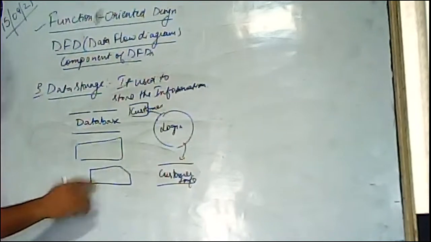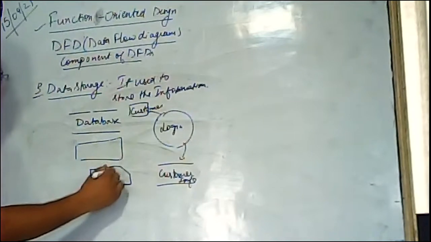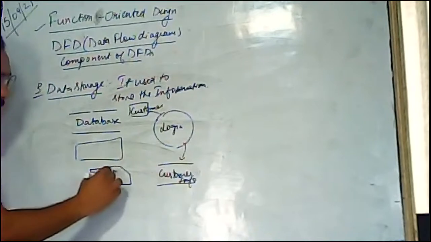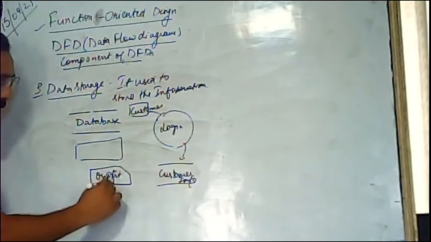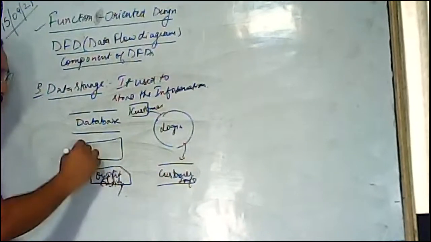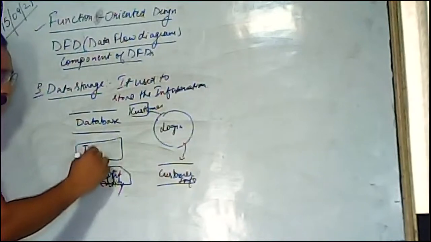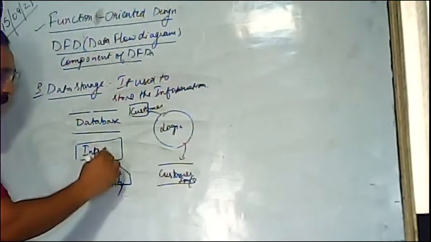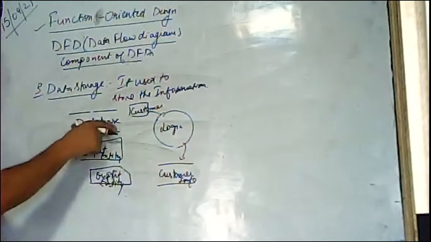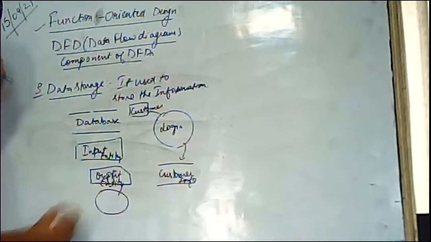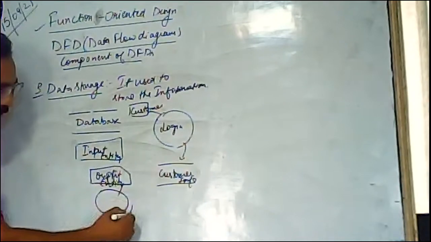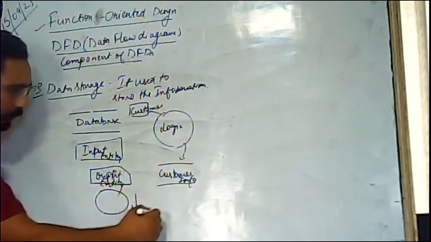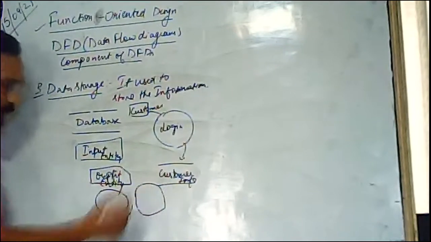This is your output entity. Input entity. This is your data store. This is your process, which will be a circle or an oval rectangle.